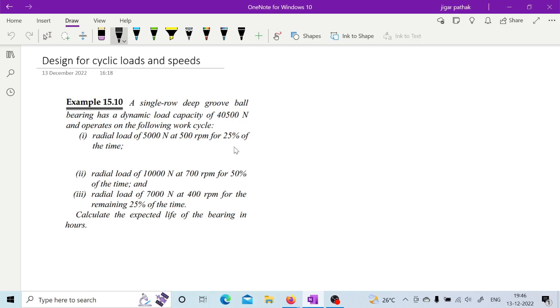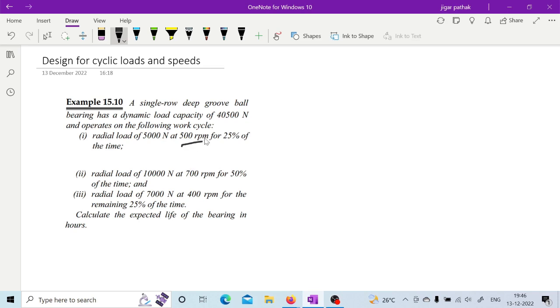For that, you need to consider different loads acting on your bearing for different amounts of time, and that too at different speeds.